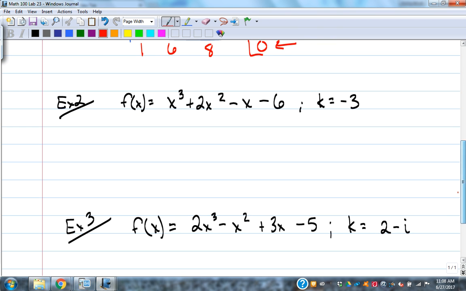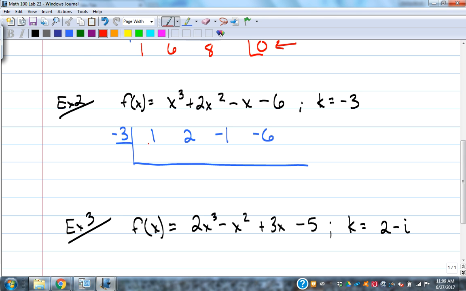Example 2, you have the function f of x is equal to x cubed plus 2x squared minus x minus 6. We're testing, is k equal negative 3? Is that a 0 for this polynomial function? So again, negative 3 on the shelf, 1, 2, negative 1, negative 6.